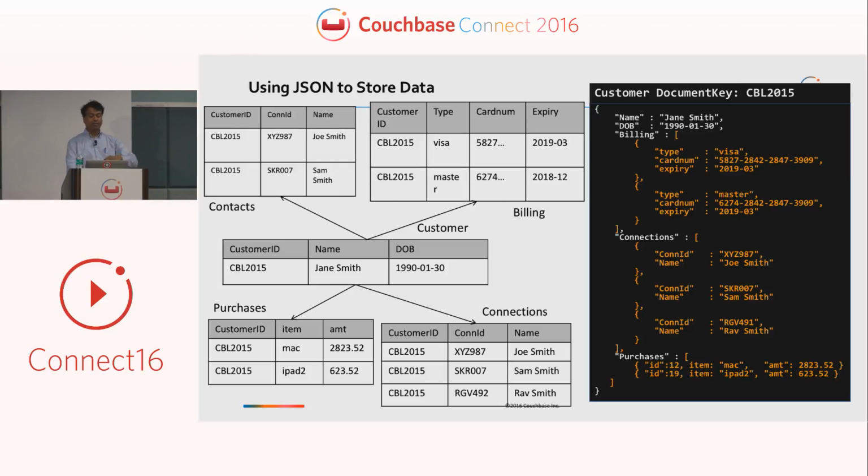So here is the complete transformation of the relational model into the JSON structure. The five different tables that represented the customer object are represented as a single document. Yes, you still can have relationships between customers and orders or customers and some other CRM information.